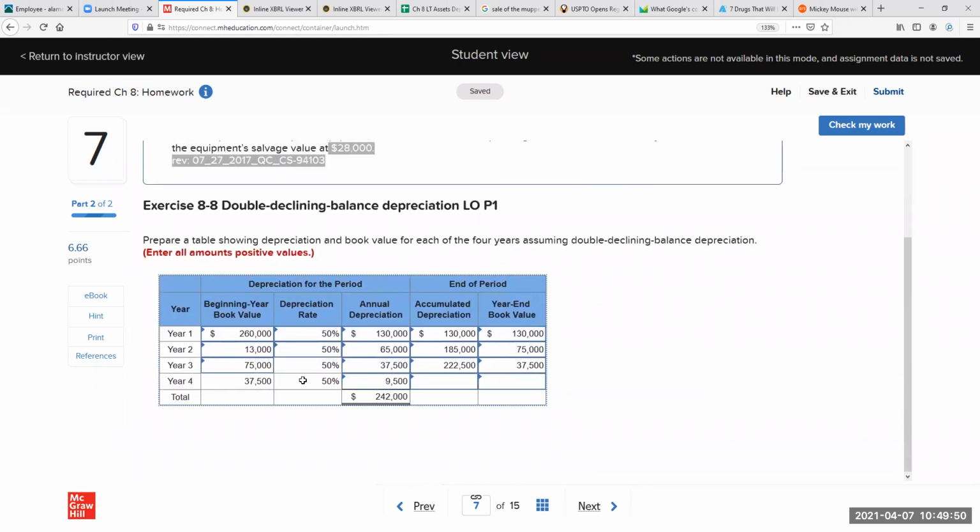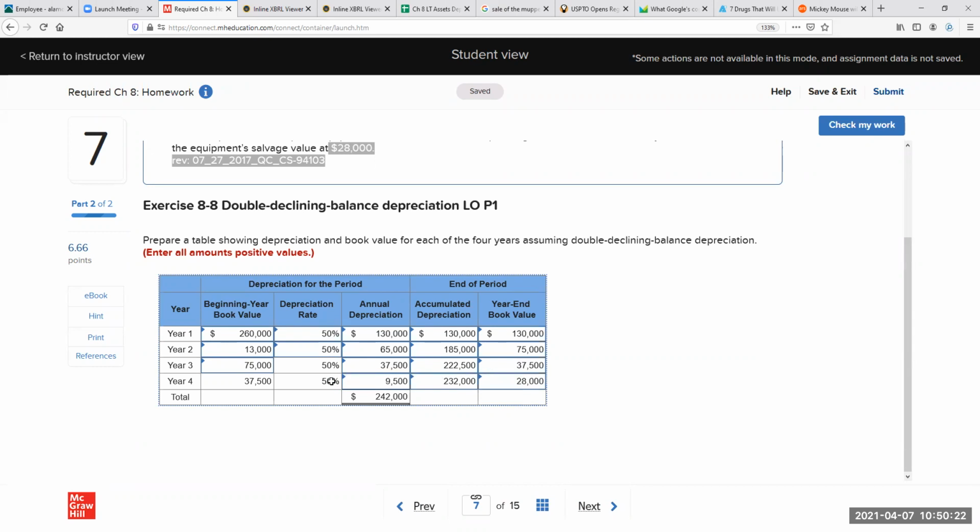Now, let me get rid of that. See, it won't let me delete that, and I wish it wouldn't be there. Now, the accumulated is the 232, and I hope you realize that the year-end book value should be the 28. Now, let's check my math. 260 minus what we recovered over the 4 years, 232, should equal my salvage, and it's 28.